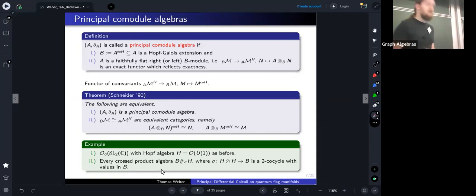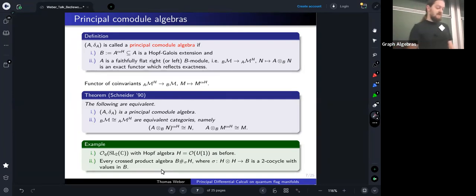There is also a functor the other way around. It takes a Hopf module and maps it into a left B module, by just taking the coinvariants of this module. And then, as Piotr was mentioning, this Schneider theorem, a very deep, very interesting theorem that classifies these principal comodule algebras.